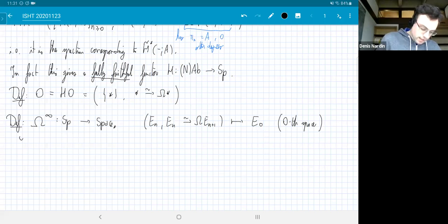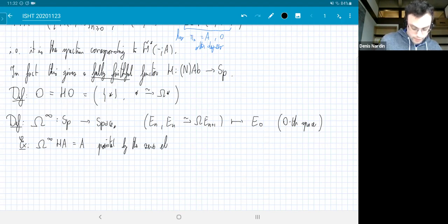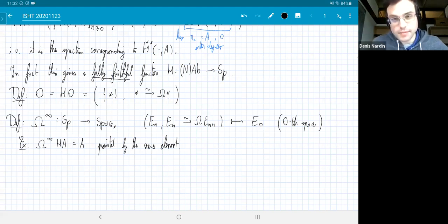Let me give you just a silly example for now. Omega infinity of HA is just A as a set, pointed by the zero element. Since it's the only example of spectra we have so far, we have this thing.